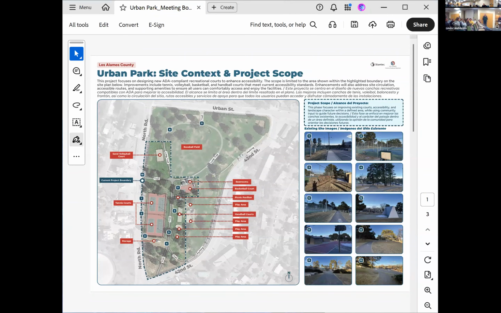If there's any way to get a sand box or sand pit separate from the volleyball court added to Urban, if there's space for that, I don't know what that would look like. And then equivalent signage added for the sand volleyball court to note that this is for the sport of volleyball, not for your 4-year-old to play construction.